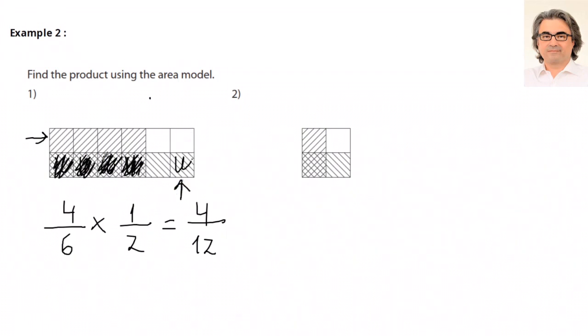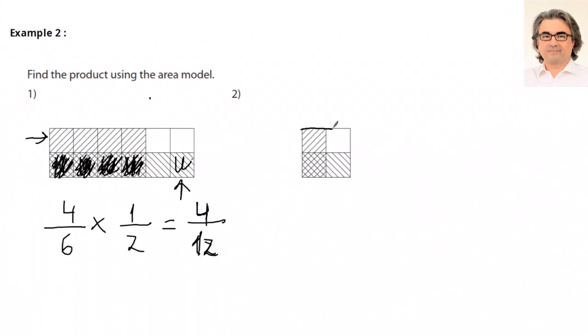So here colored, here colored, here colored for both types. It means in total we have 12 squares, and 4 of them are common, colored for each two types. I think you understand.